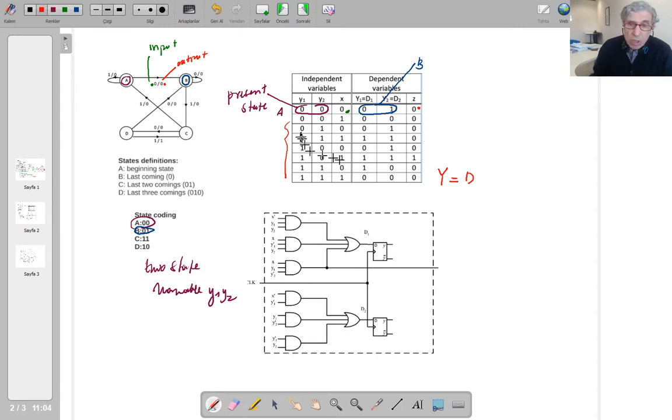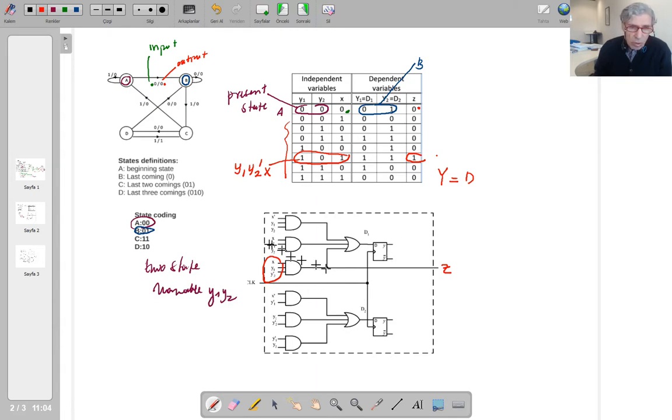So what about Z? Z value is equal to 1 in only one place, here. So by looking at the independent variables, you can directly write it. That is going to be y1, y2 prime, x. So if you look at here, x, y1, y2 prime, that is z. So this is our box now.